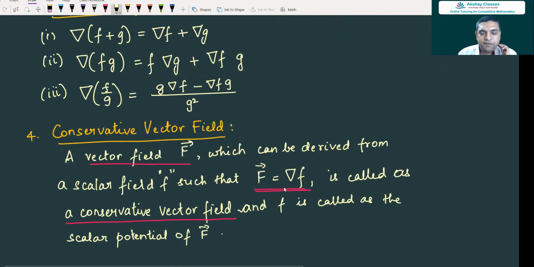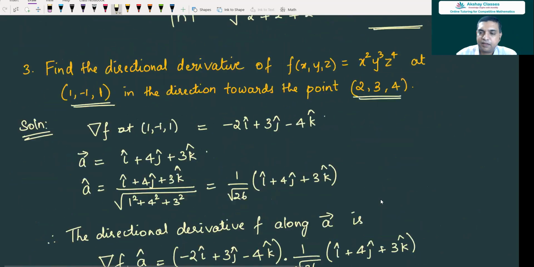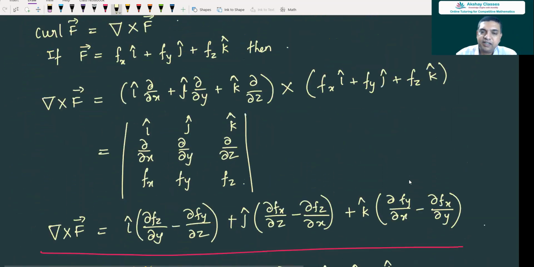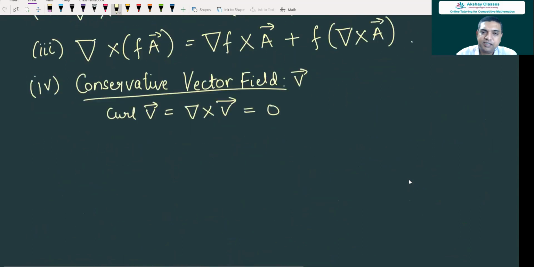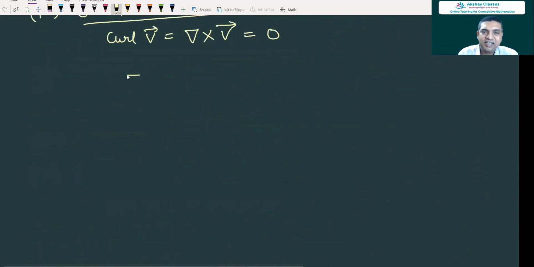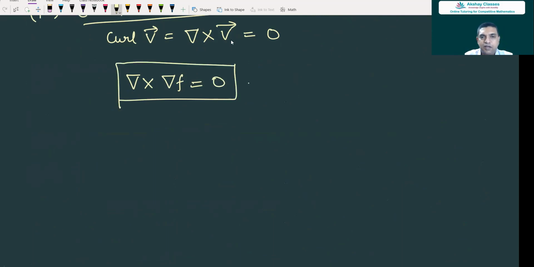Here, F is equal to grad f. So for a conservative vector field, it's a very important thing. The curl of any conservative vector field is 0, because I can write this as del cross of del f, and we can show that this is del cross of del, which is 0, times f. You can show this is 0. Conservative vector field we can always write in terms of the potential.